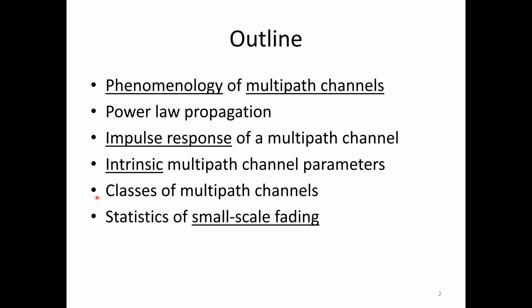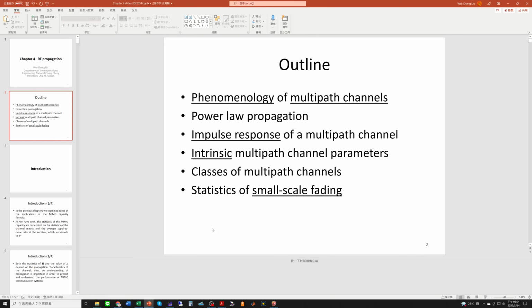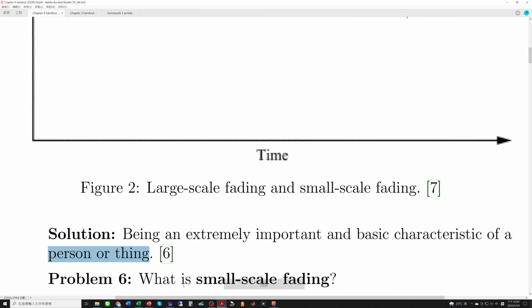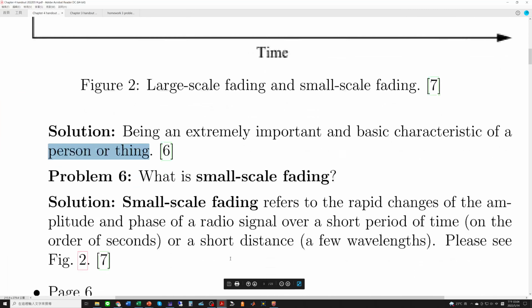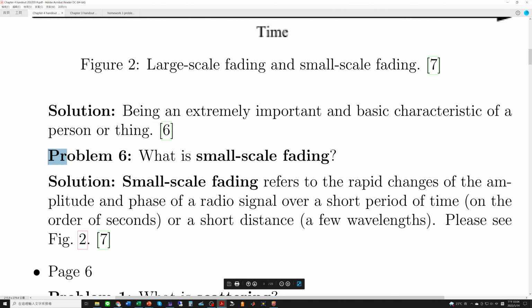Fifth, we will introduce classes of multipath channels. Finally, we will introduce statistics of small-scale fading. What is small-scale fading? Let us see the handout. Problem 6.